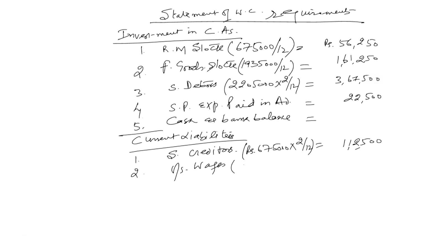The total amount of wages is 540,000, and we are getting the credit for 1 month, so we need not worry about paying wages for that month. This amount works out as 45,000. This much credit is available to us.